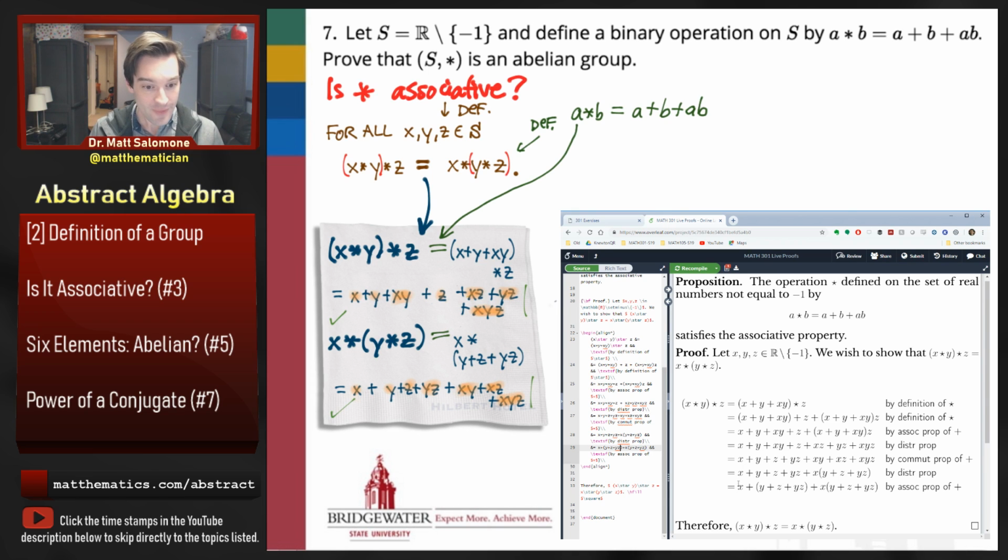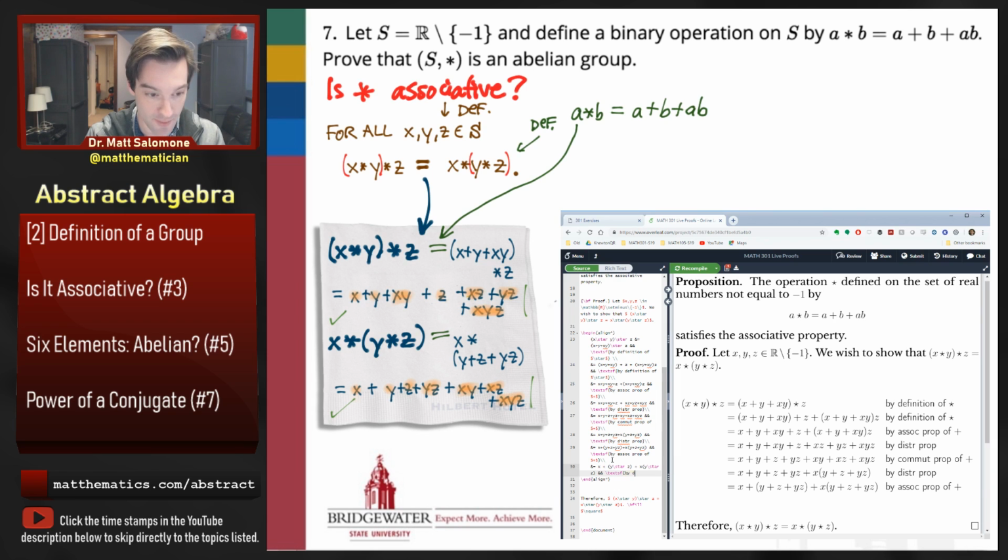Okay. And now is when we get to look super smart, because y plus z plus yz is what we call y star z. And so we have x plus y star z plus x times y star z.